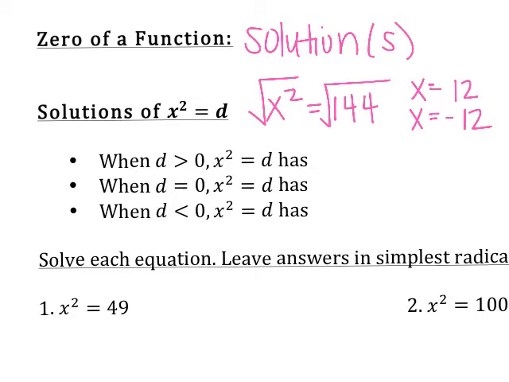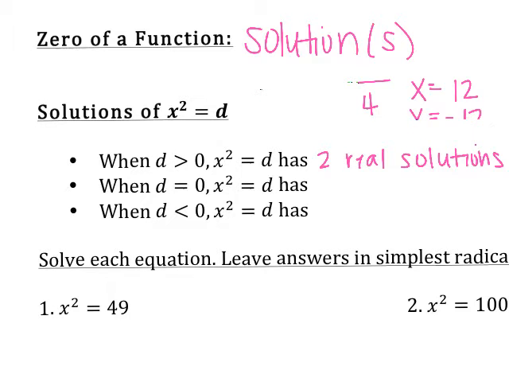All right, so in that example we just did, d was greater than 0, because d was 144. So when d is greater than 0, x squared equals d has two real solutions. When d is equal to 0, let's throw in an example: x squared equals 0.